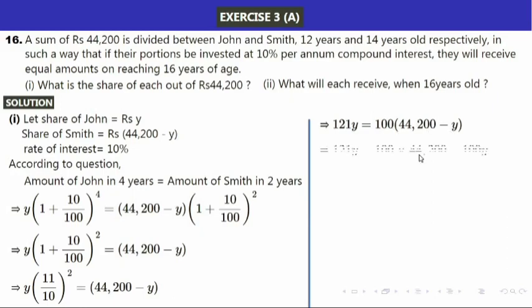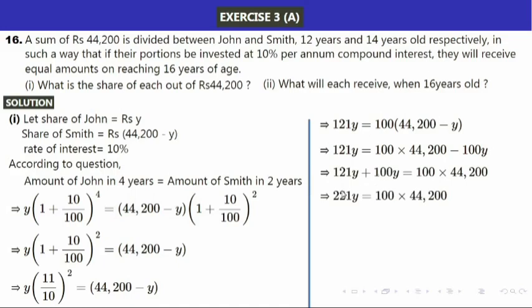Now open the brackets: 100 into 44,200 minus 100 into y is 100y. Bring this out here, so you get 121y plus 100y, since the minus becomes plus. This gives you 221y. Bring this 221 to the denominator, do the cancellation, and the value of y turns out to be 20,000.